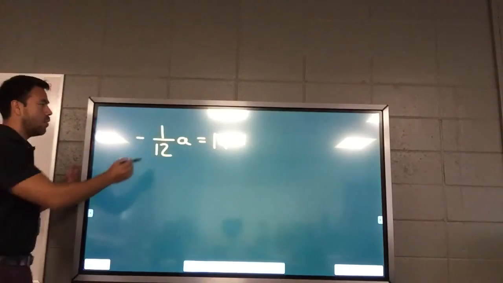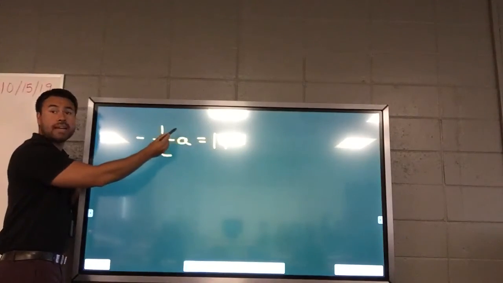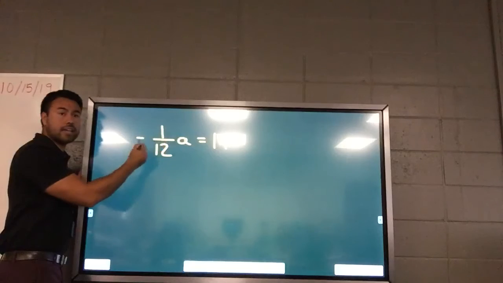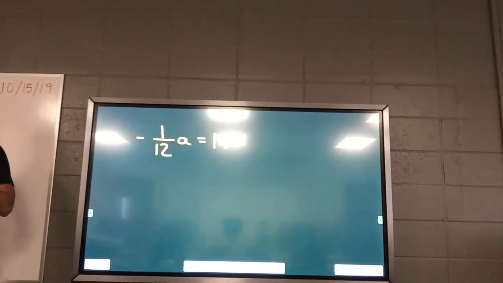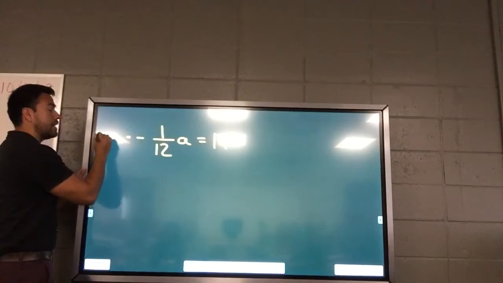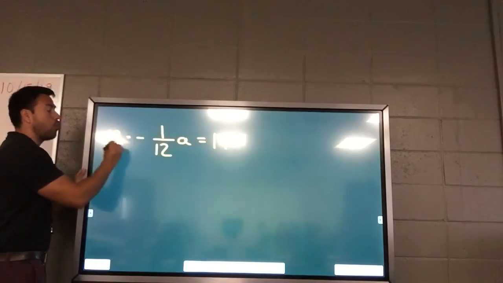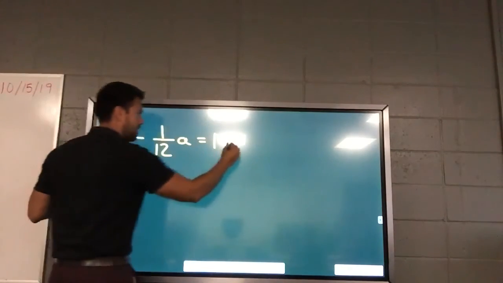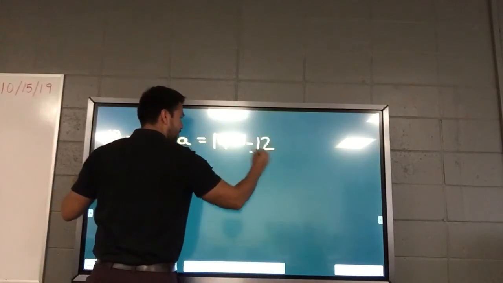Okay, ready? What's happening with A? It's being multiplied by negative 1/12, right? What undoes multiplying by negative 1/12? You could say dividing by negative 1/12 or multiplying by negative 12 over 1. Reciprocal. Okay, so let's see.